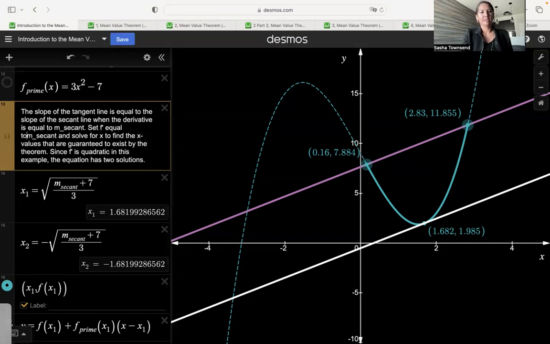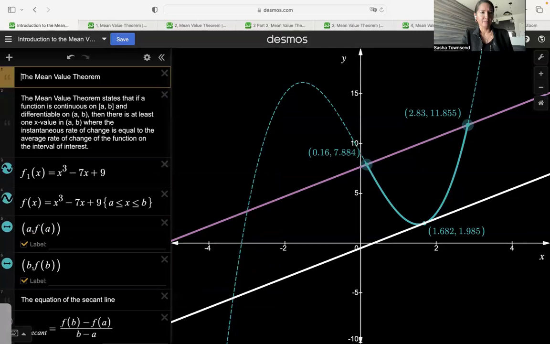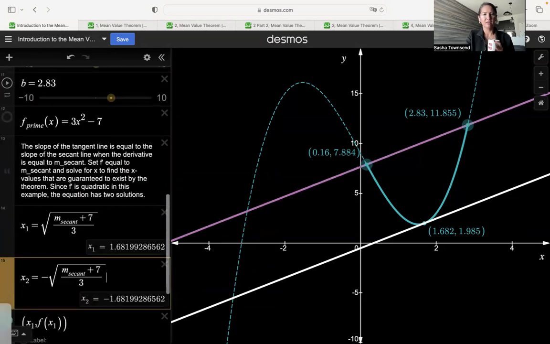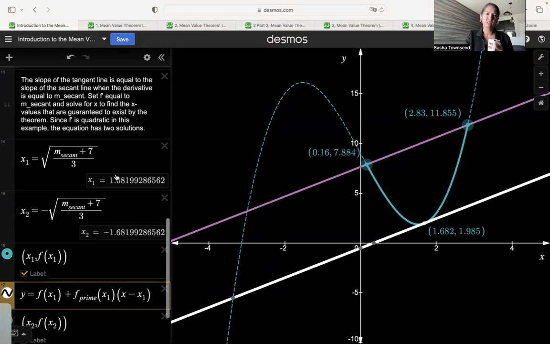One of the things that I don't like about Desmos is, at least right now, from what I understand, it doesn't have an equation solver, so I can't just say set f prime equal to m secant and solve for x. I actually have to do that calculation on paper or in my head and then type in the resulting x values. So I'm having to still compute this by hand.